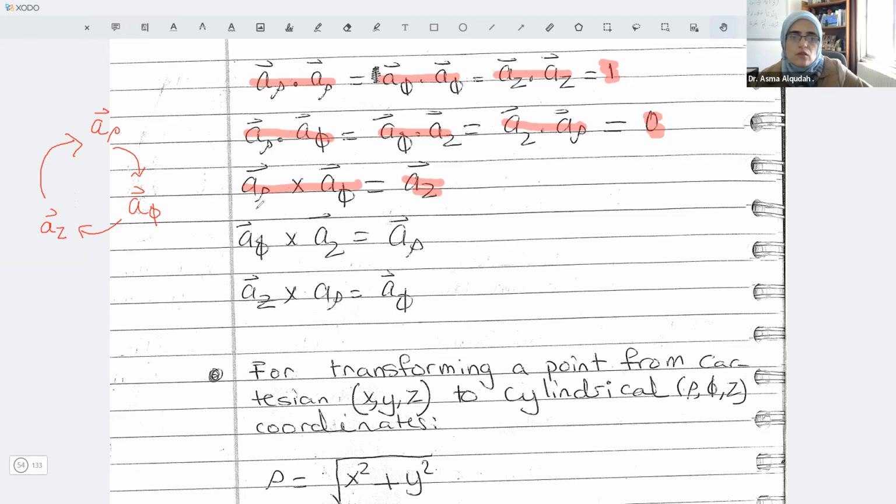So if I move this way, a sub rho crossed with a sub phi, I should get a sub z. If I start with a sub phi crossed with a sub z, I should get a sub rho, and the cross product between a sub z and a sub rho should give me a sub phi.